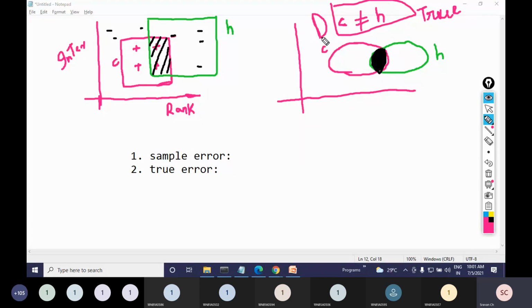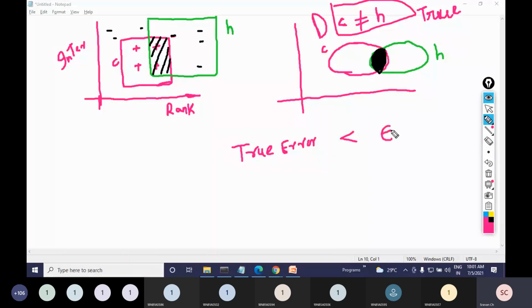Now what PAC learning says, this is important, is that this true error must be less than epsilon, where 0 < epsilon < 1/2, that is 0.5.